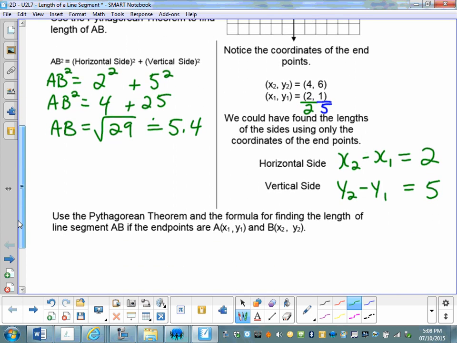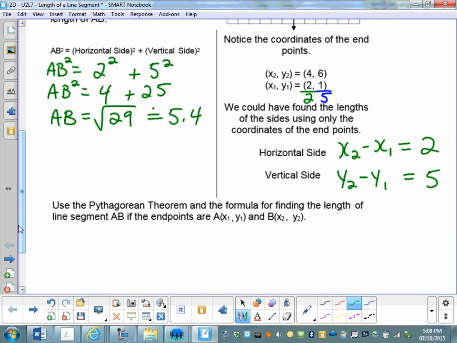So let's try and tie these two concepts together. The idea of Pythagorean theorem and these expressions we've just come up with for horizontal side and vertical side. So we know from up above here that AB squared is equal to the horizontal side squared plus the vertical side squared.